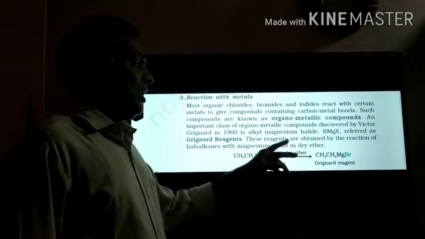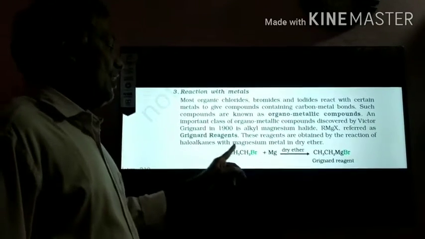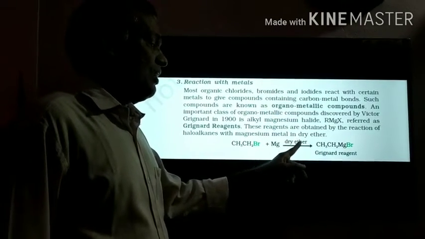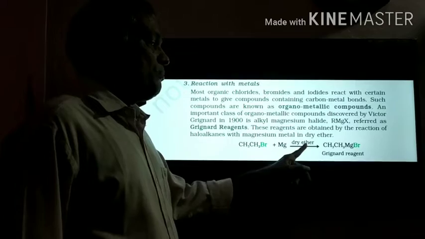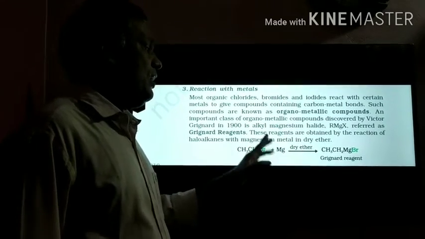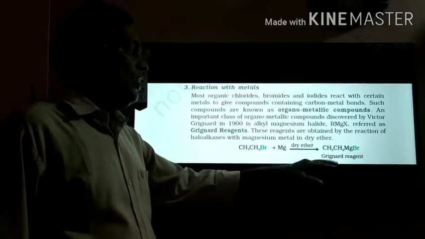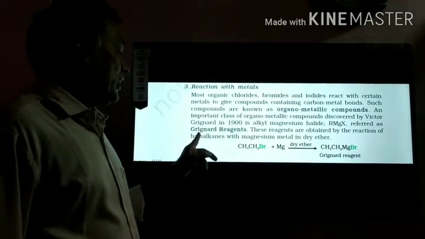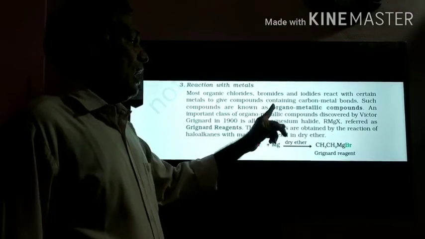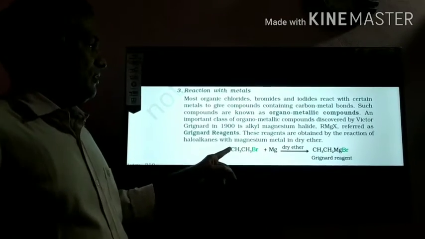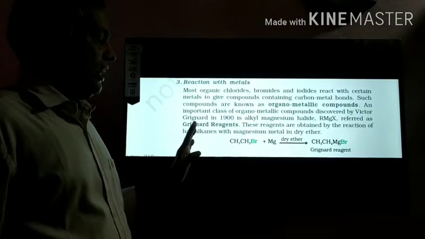These reagents are obtained by the reaction of haloalkanes with magnesium metal in the presence of dry ether only. That is the most important point. So this is called the Grignard reagent, and organometallic compounds are formed. This is the reaction of alkyl halides with metals.